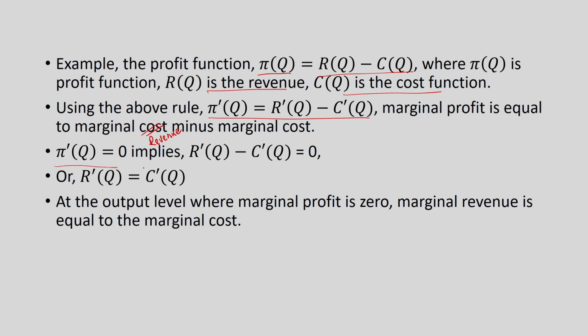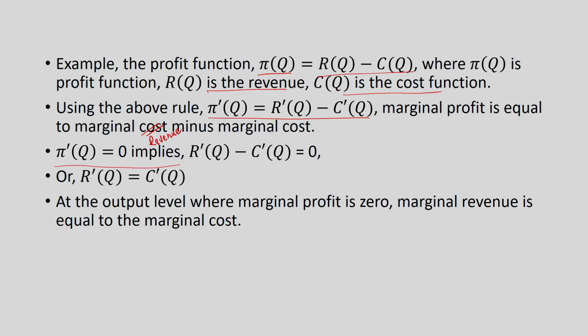Now, one might be interested to find at what output level the profit is getting maximized, right. The producers could be thought of as maximizing profits. So, at what output level is the profit getting maximized? That is a practical question.